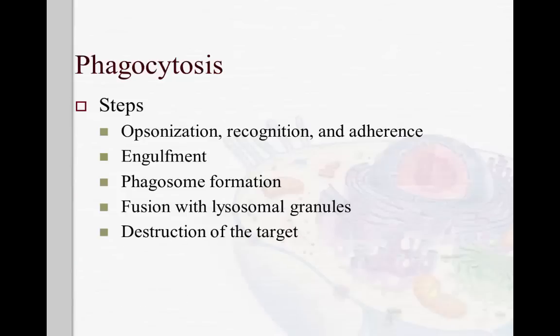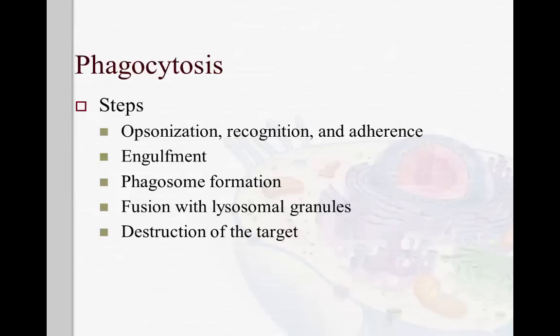Now, this will also trigger several other steps. The steps are opsonization, which, remember, is the tagging or labeling of that foreign agent. So it's the recognition and adherence by the phagocyte. Engulfment means trapping or ingestion by a process called endocytosis. Formation of phagosomes.